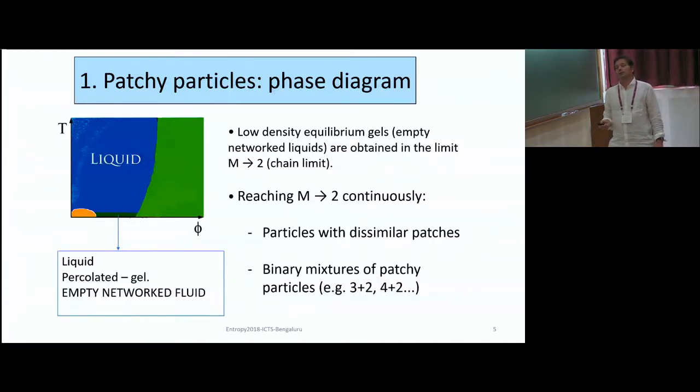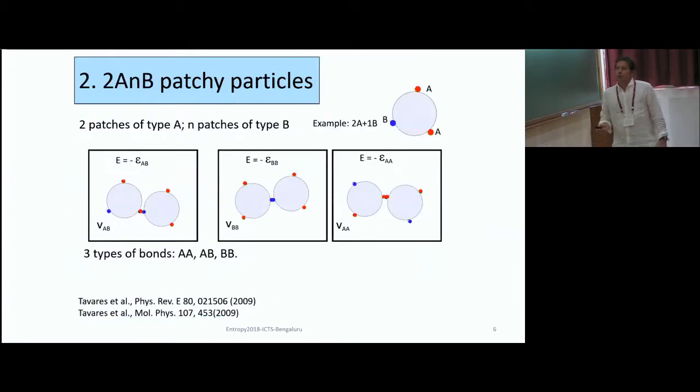So one of the components has 2 patches. Maybe in this way we could reach also this limit. And in the last part of my talk, I will discuss this and the problem of entropy of mixing. So this is the generalized patchy particle model that we invented.